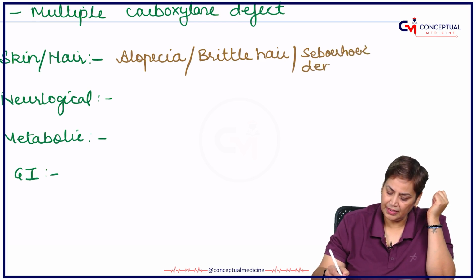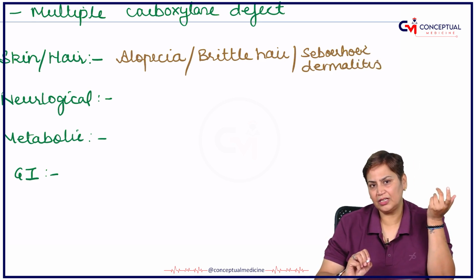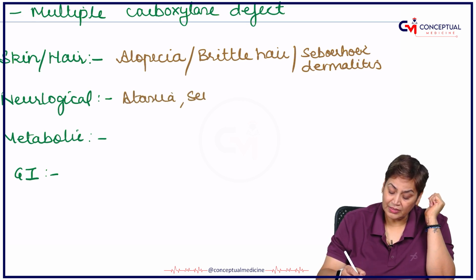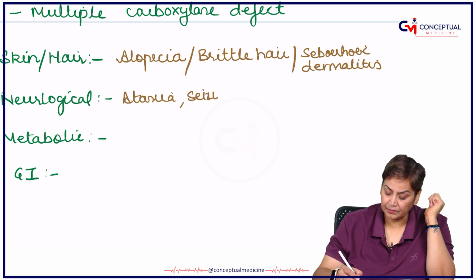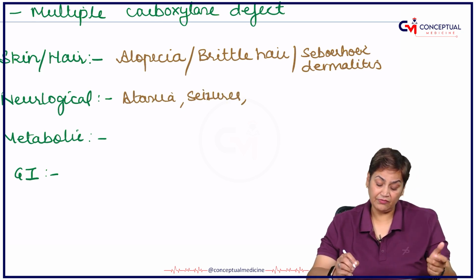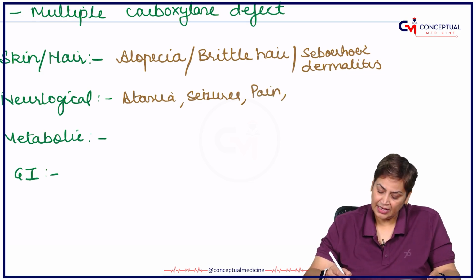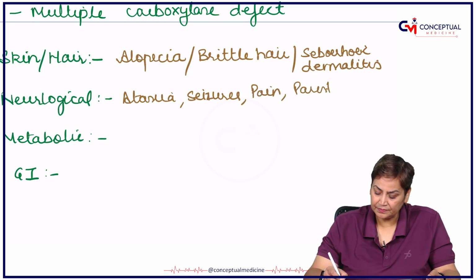If we talk about the neurological manifestations, ataxia will be there. It might lead to seizures. Right, then we can say pain will be there. Okay, then it will lead to paresthesia.